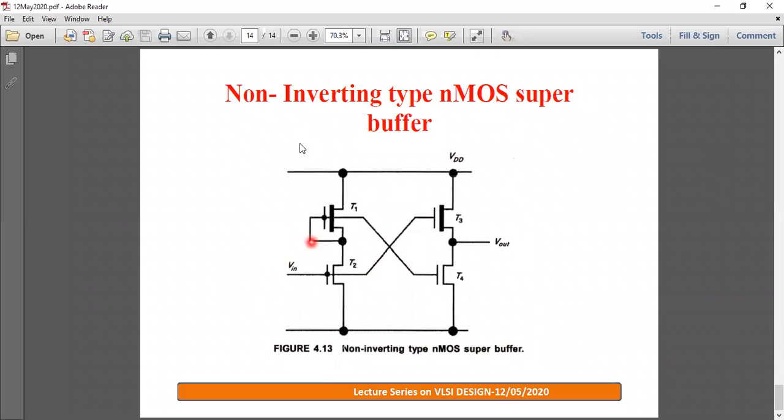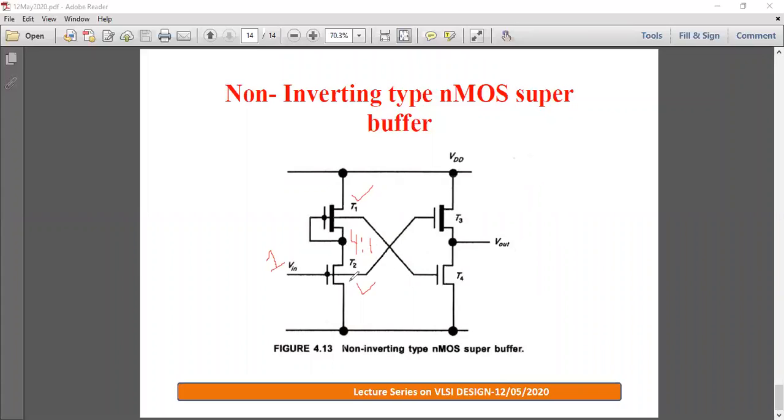Similarly, non-inverting buffer. So in non-inverting buffer, when input is 1, T2 is in on state, T1 is in on state, since it is pull down device. But as pull up to pull down ratio for NMOS inverter is 4:1. Pull up ratio is 4, that is delay is 4 tau. Pull down ratio is 1, delay is 1 tau.